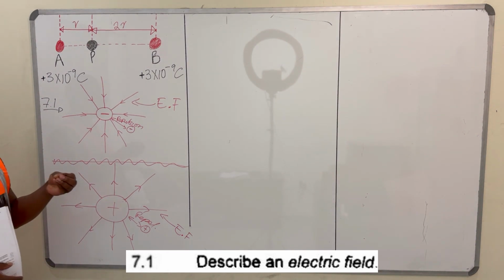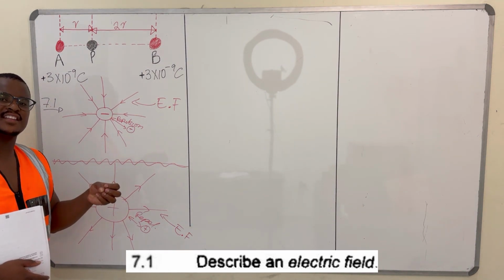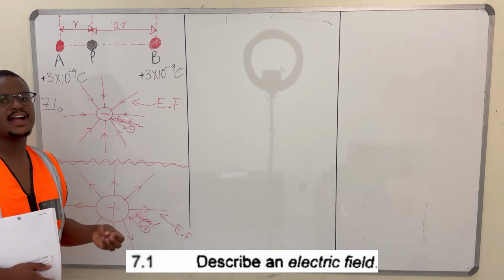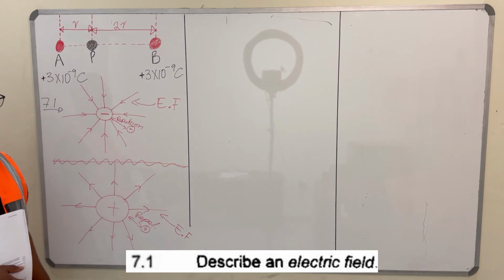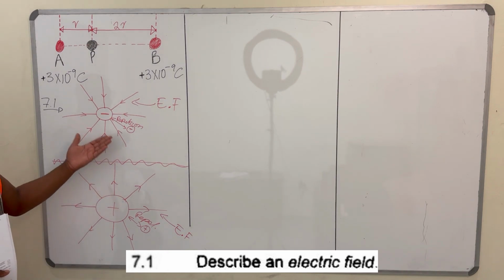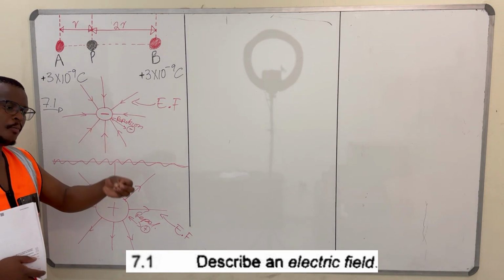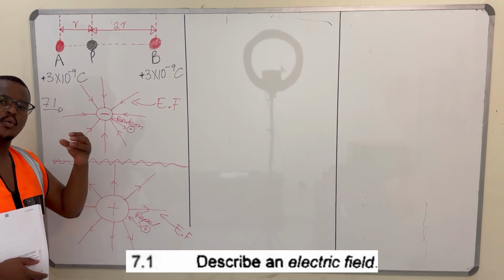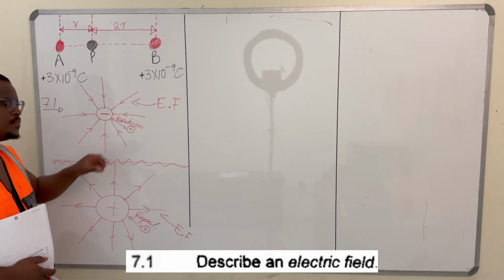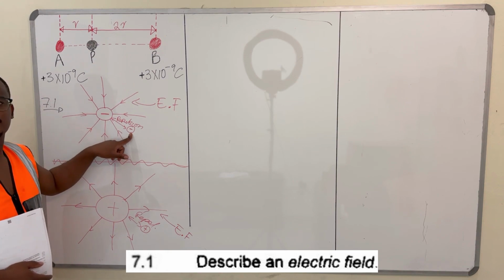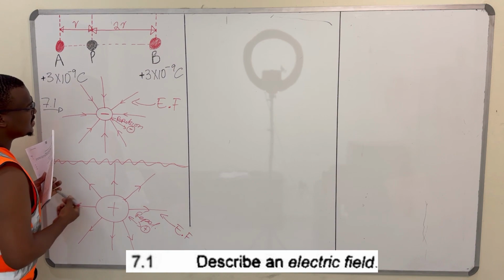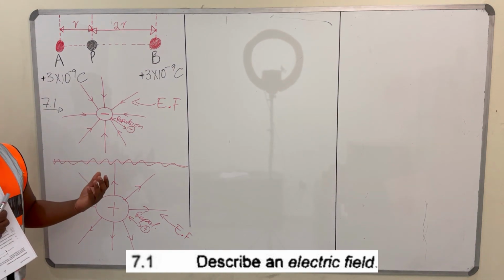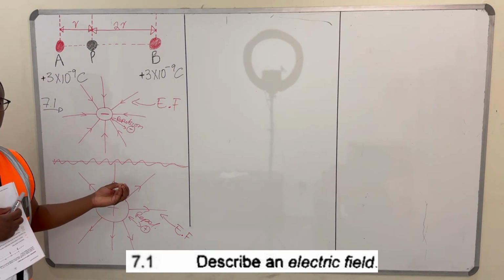It measures the electrostatic force experienced by 1 coulomb of charge. That is what an electric field is. It's a measure of how much force is experienced by 1 coulomb of charge that is placed in an electric field at that point. Because it's important to be specific that the electric field is defined at a point, right?